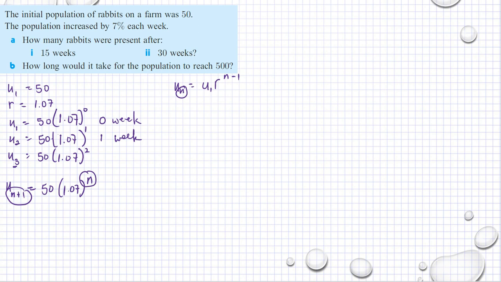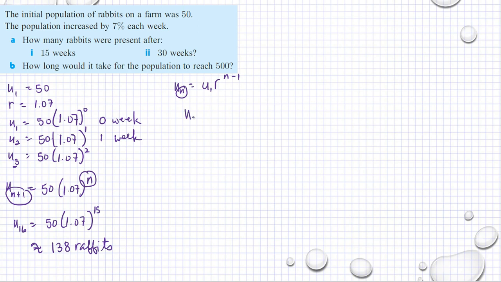So to answer the first question, how many rabbits were present after 15 weeks? That means our n is 15. So you have u sub 16 is equal to 50 multiplied by 1.07 raised to 15. Then if we solve that, we have approximately 138 rabbits. How about if we have 30 weeks?